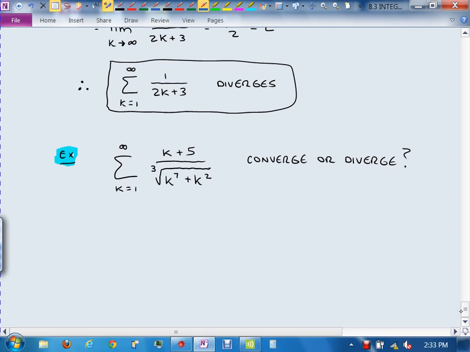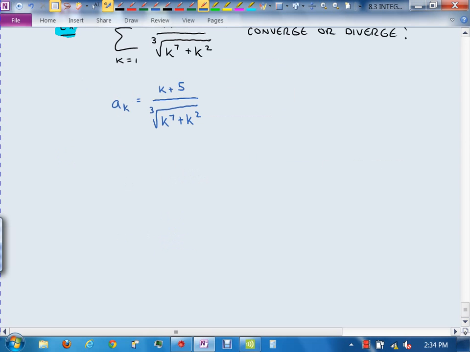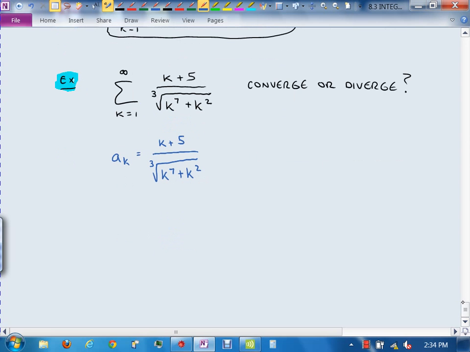Comparison test, maybe, but let's see the power of this limit comparison test. First of all, I have to write down my a sub k. And now I need to pick a b sub k.